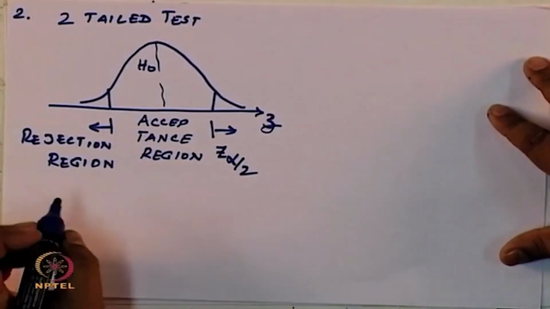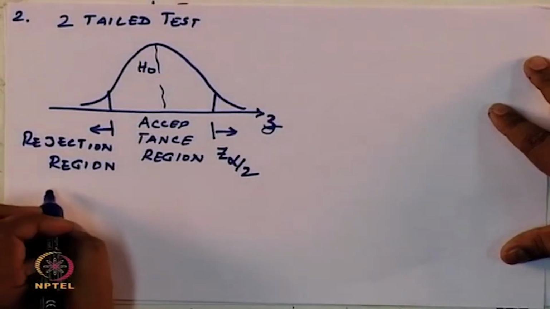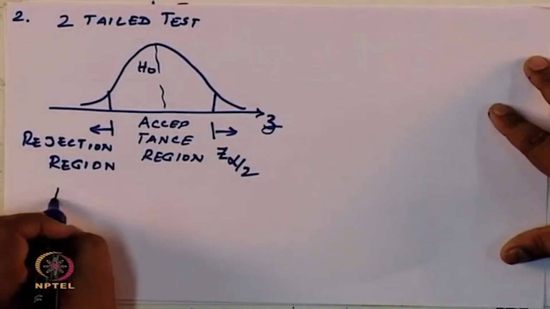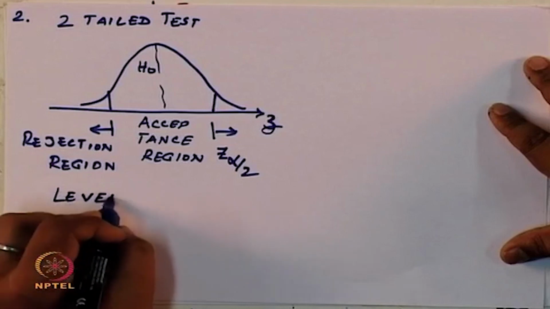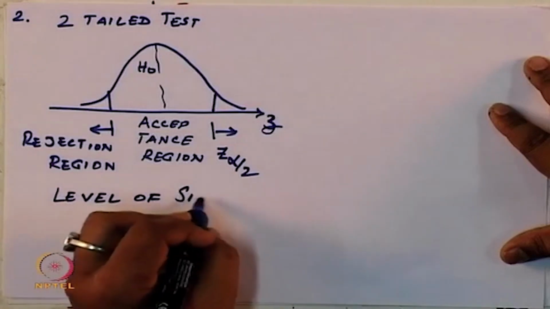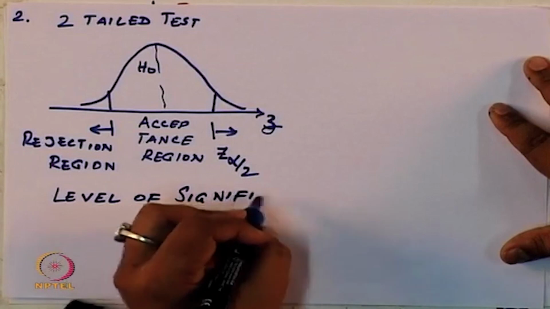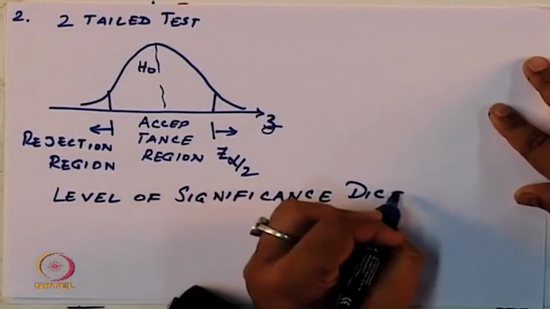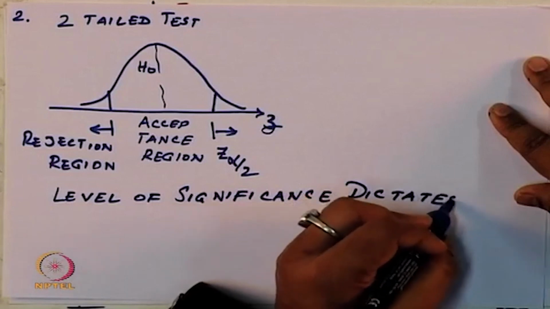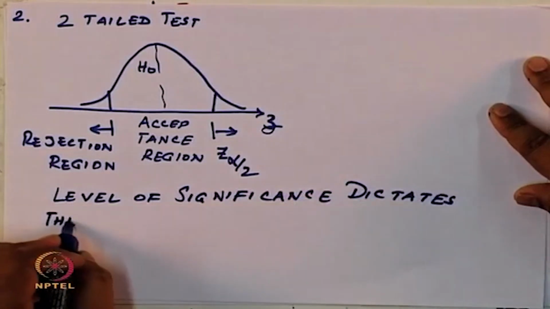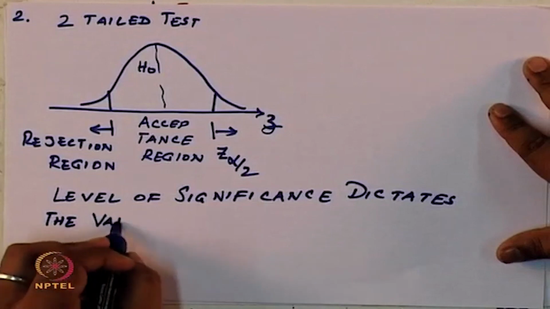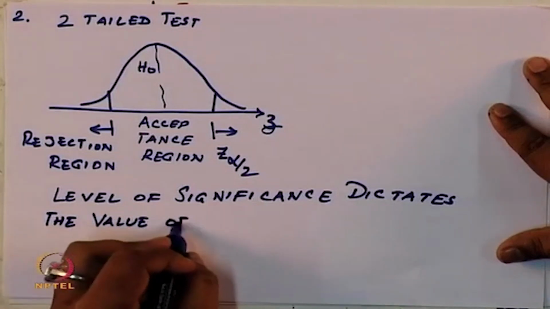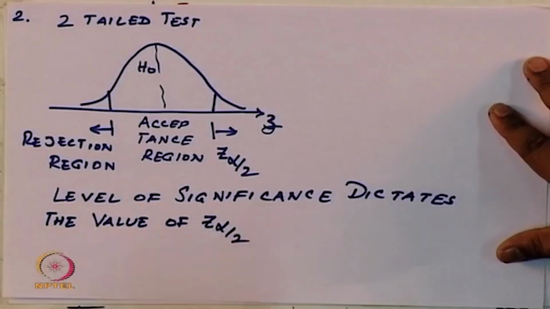So, choice of z of alpha by 2 is dependent on the level of significance. So, level of significance dictates the value of z of alpha by 2.